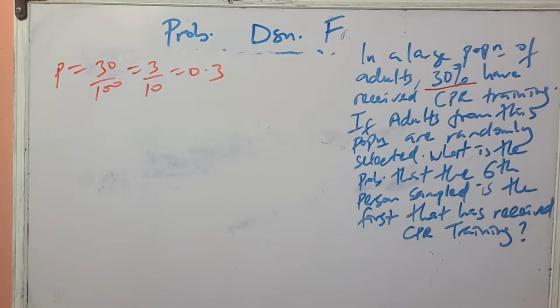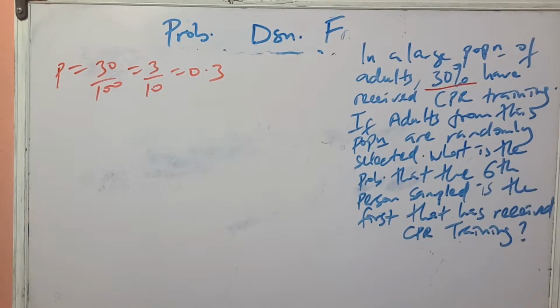Now, if adults from the population are randomly selected, what's the probability that the sixth person is the first that has received CPR training? You need to understand questions before trying to solve them. Notice that nobody told you this is geometric or Poisson or binomial.